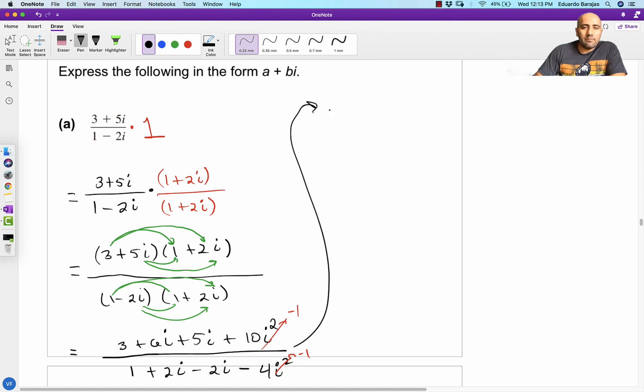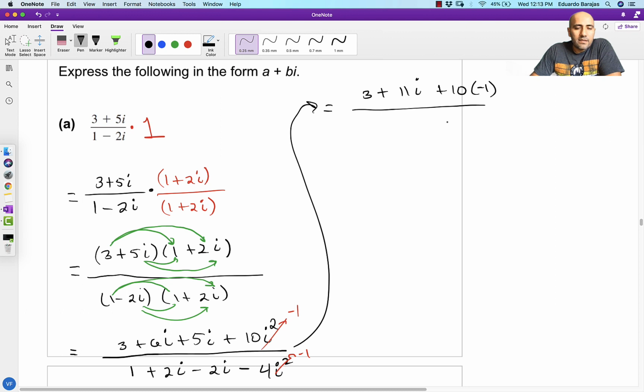And so we can simplify this to be a giant fraction where we have a 3 plus 11i, combining the 6i and the 5i, plus 10 times negative 1. In the denominator, we end up with a 1, and then this is the great part. These guys cancel. 2i minus 2i, those guys cancel.